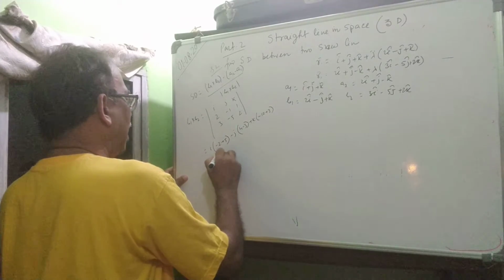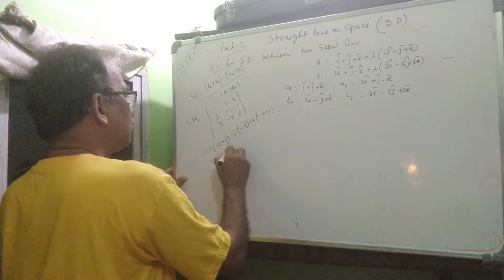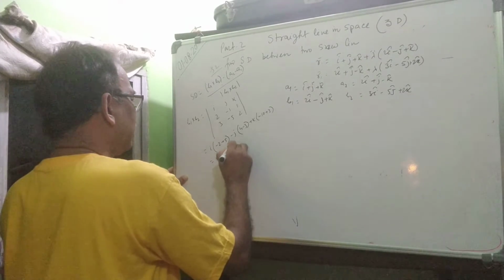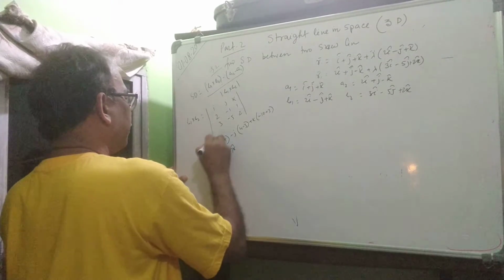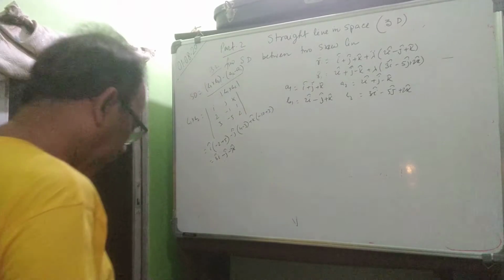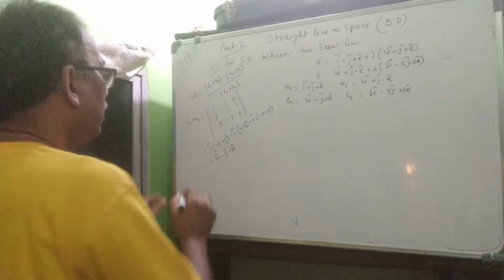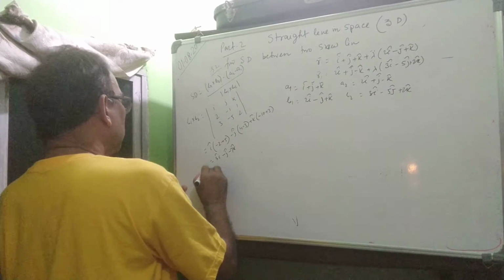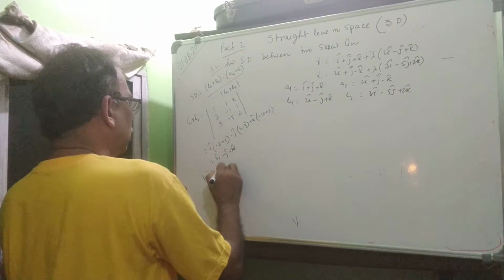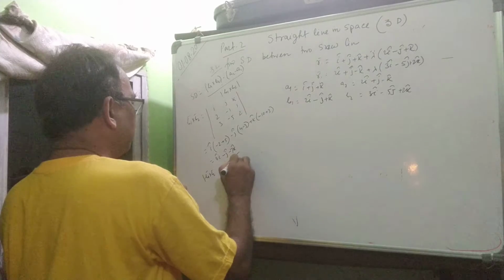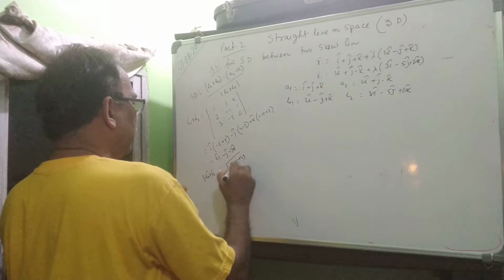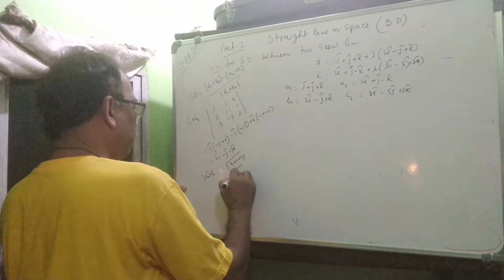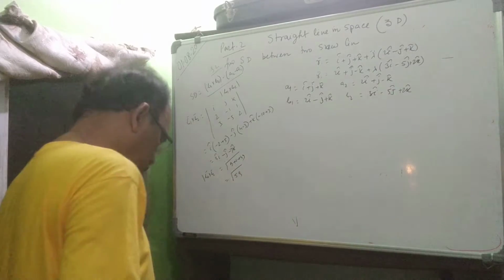That is 3i - j - 7k. Then the modulus of B1 cross B2 equals the root of 9 + 1 + 49, that is root 59.